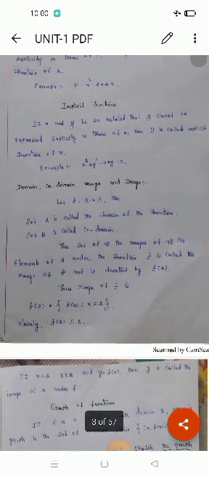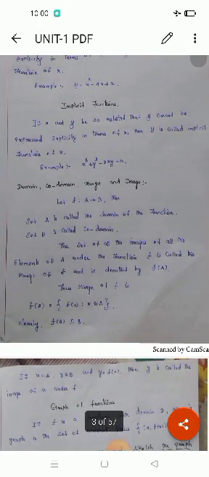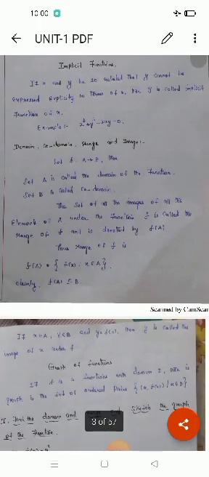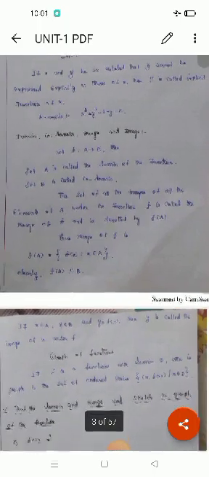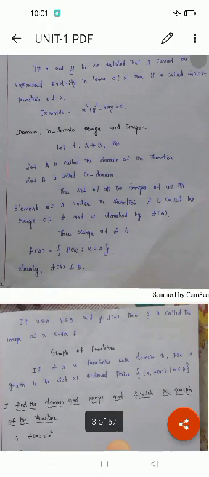The next definition is domain, codomain, range and image. Let f be a function from A to B. The set A is called the domain of the function and set B is called the codomain.